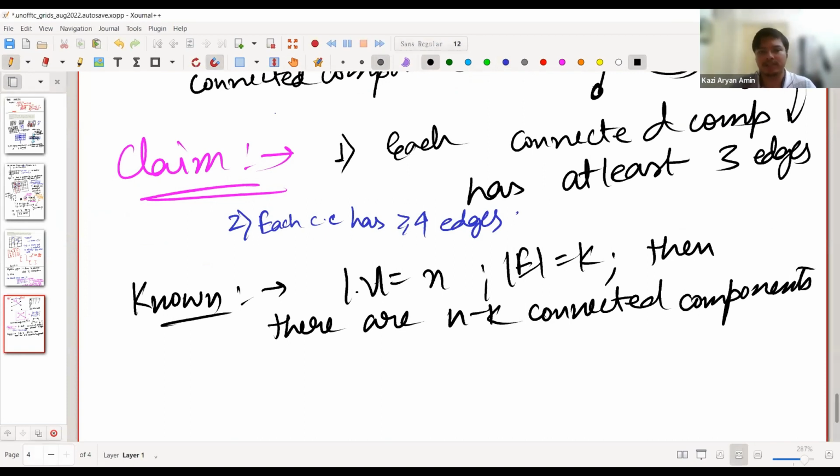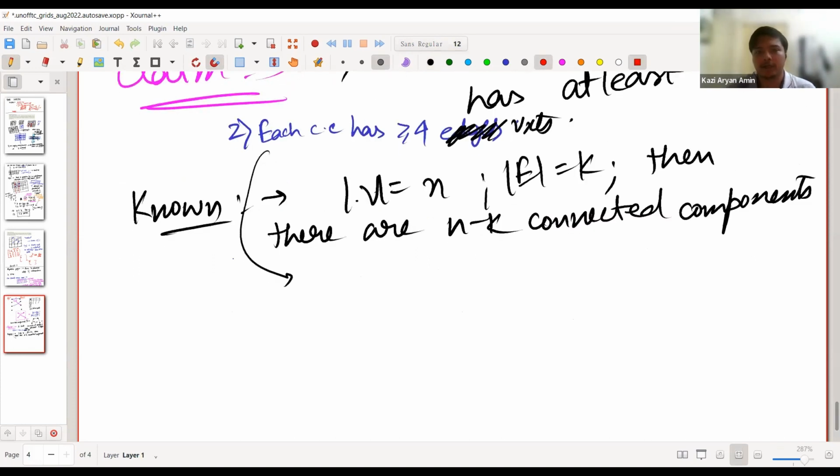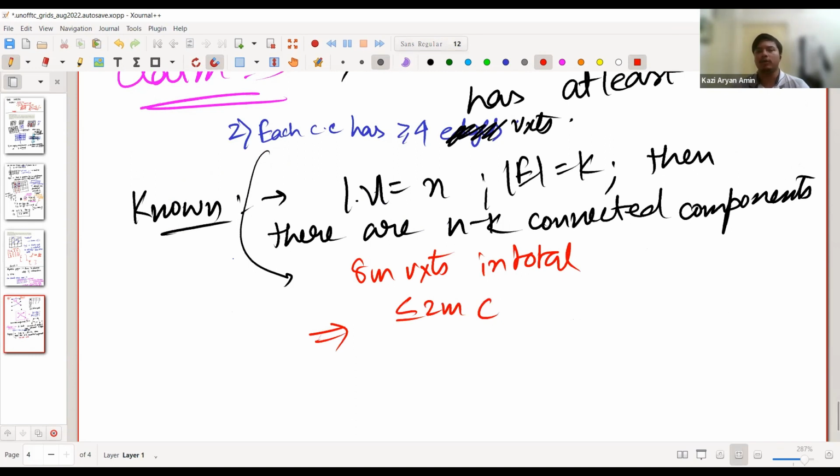So we came to the conclusion that every connected component has at least three edges, and every connected component has at least four vertices, right? So what does this tell us? There are 8m vertices in total, so there are at most 2m connected components, right?